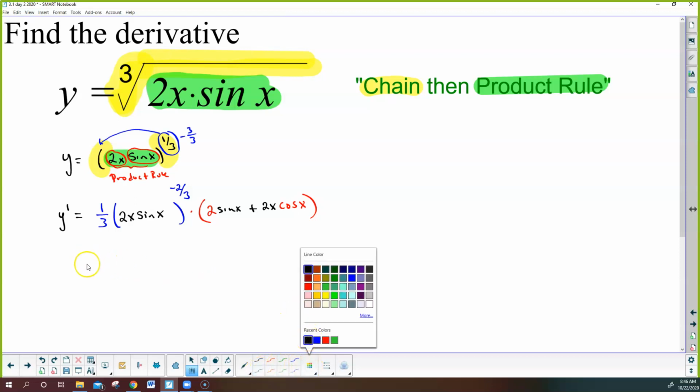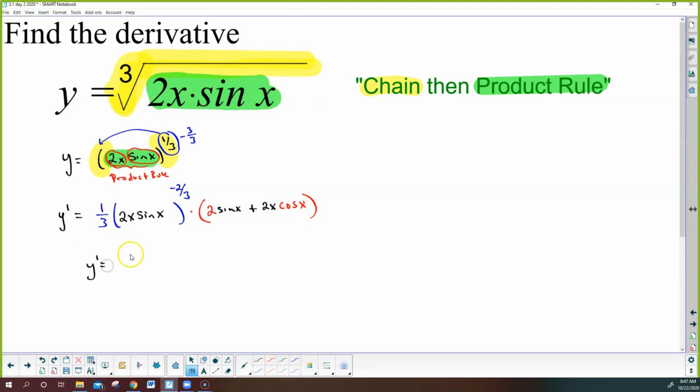And then just to clean it up, notice you have 1/3 as your fraction. This entire 2x sine x is raised to the negative 2/3. So there's two ways you can do this.